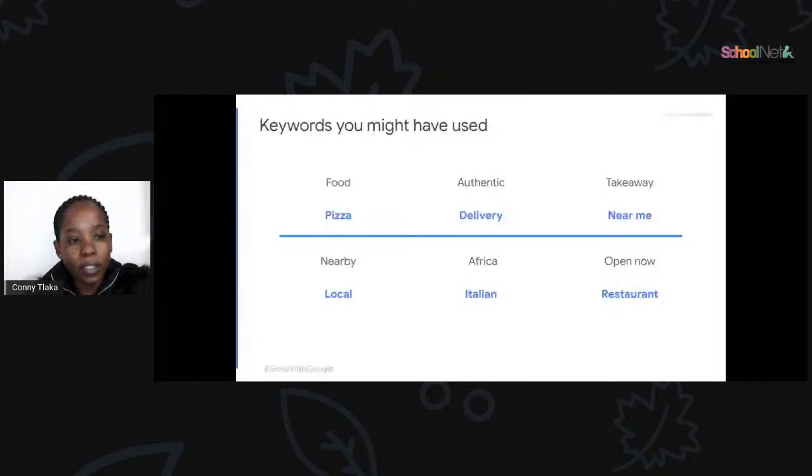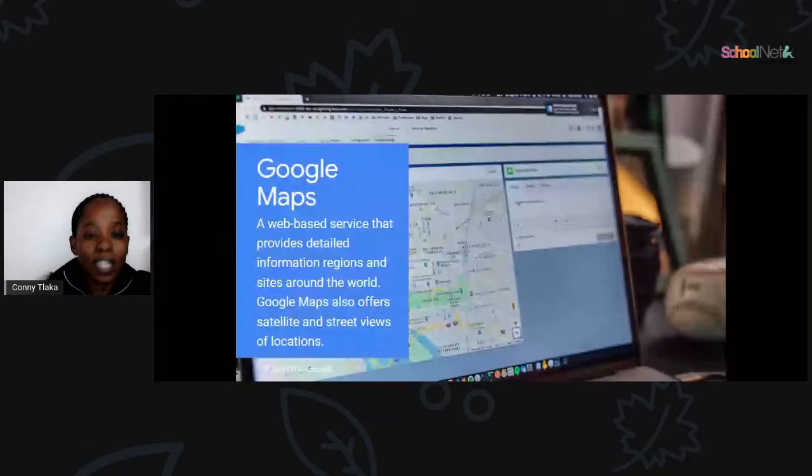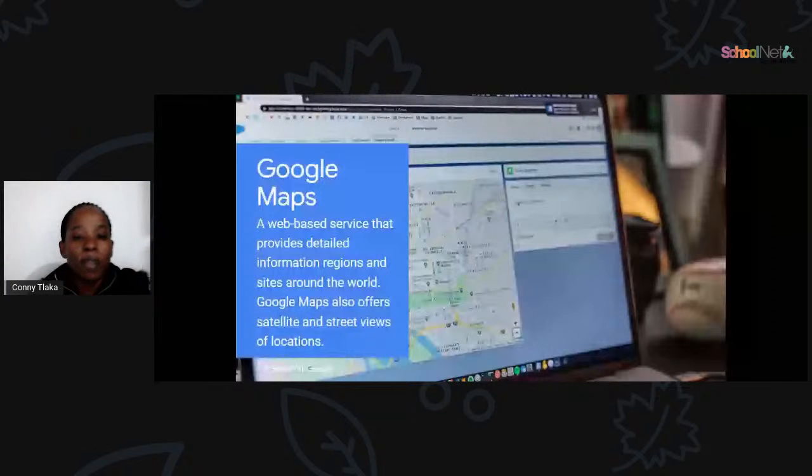Moving forward, we're going to learn about Google Maps. What is Google Maps? Google Maps is a web-based service that provides detailed information about geographical regions and sites around the world. It can also offer aerial and satellite views for many places.